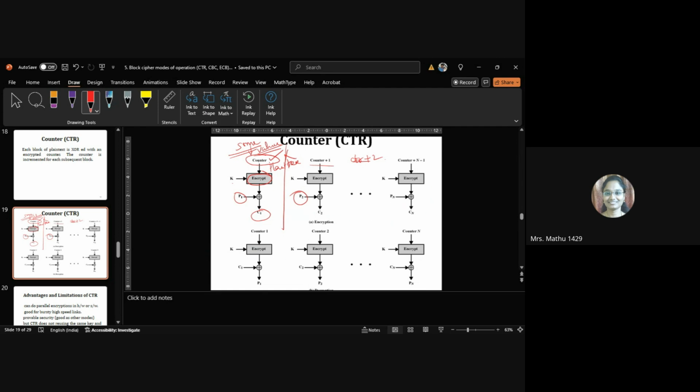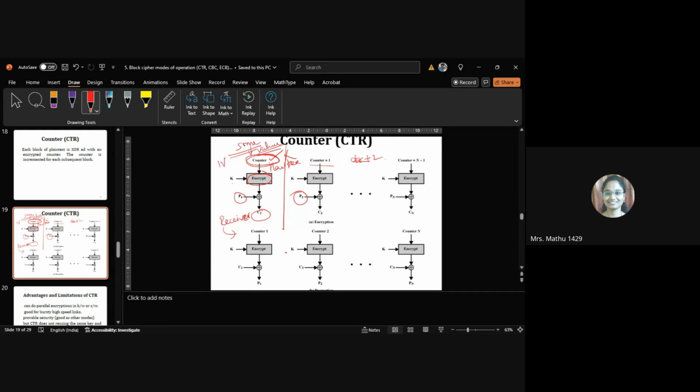Similarly, if you look into the decryption process, again we take the counter value, like the initialization vector. Again, this has to be transmitted to the receiver side. Both the sender and receiver, the people communicating, should know what this counter value is.